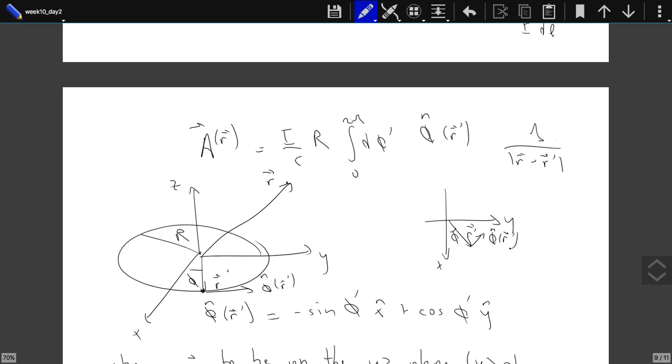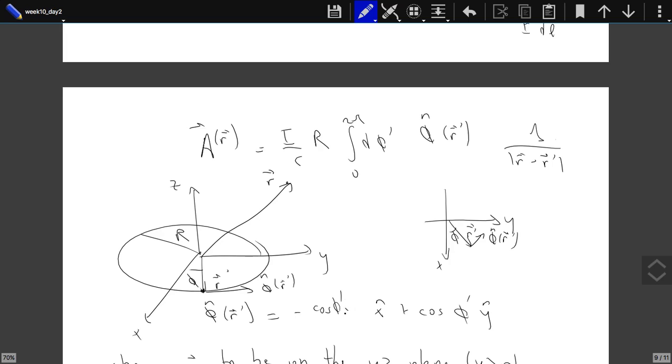So its x component is negative, but it is, no, it's not, it's sine. You see, cosine. Yes, x component is cosine. When phi prime is 0, it is purely in the y direction.